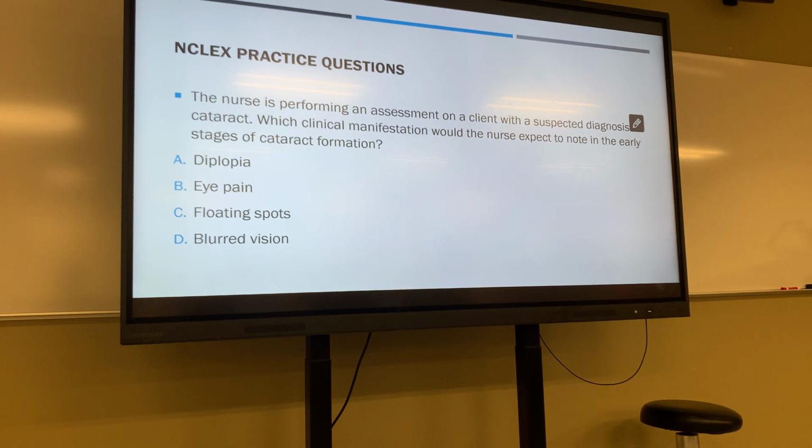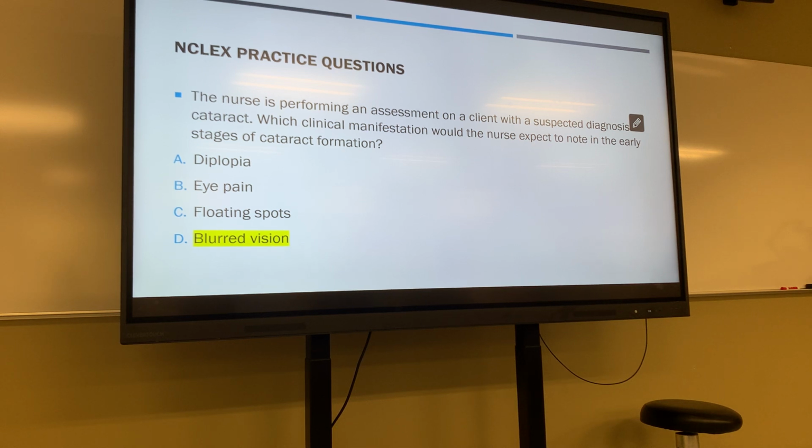Okay. The nurse is performing an assessment on a client with suspected diagnosis of cataract. What clinical manifestation would the nurse expect to see in the early stages of cataract formation? D. Excellent. What is diplopia? Double vision. So blurred vision is an early stage.